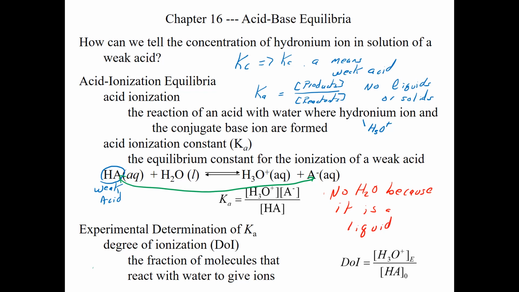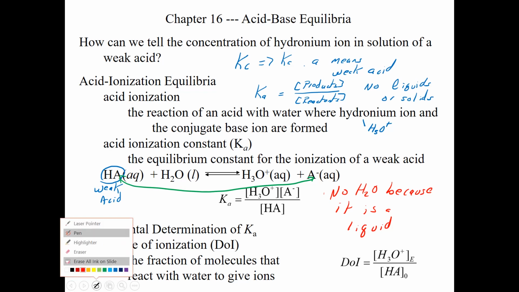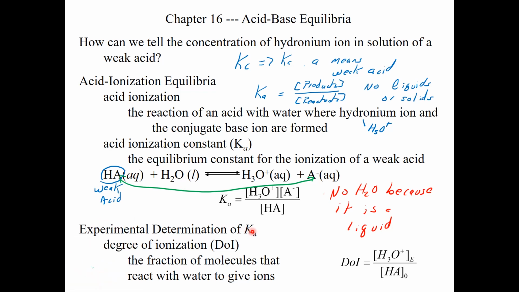Okay. We are going to add one new thing to this. We're also going to be doing the determination of Ka. But we're adding something called the degree of ionization, which I abbreviate as DOI because that's a lot of writing.